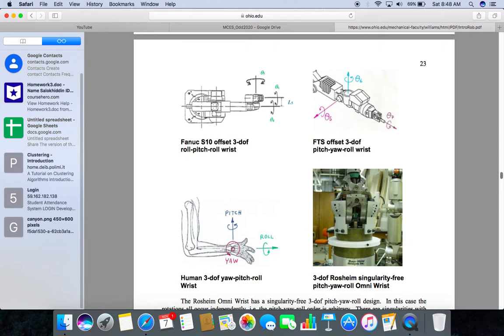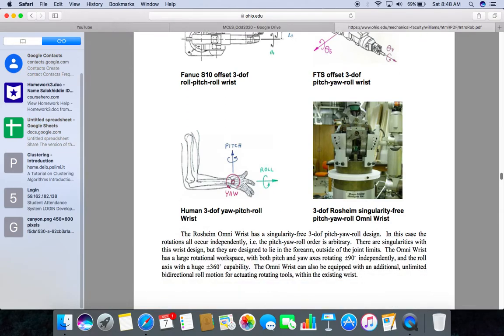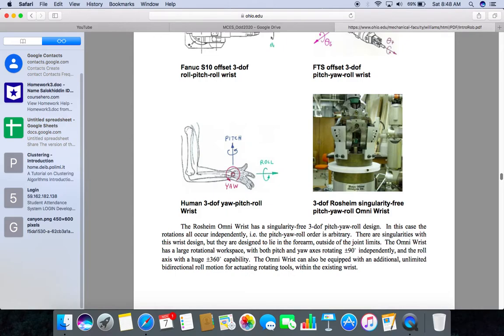These are different examples. Fanuc S10 offset 3 DOF roll pitch roll wrist. FTS offset 3 DOF pitch yaw roll wrist, human 3 DOF yaw pure roll wrist, 3 DOF Rosheim singularity-free pitch yaw roll Omni wrist.